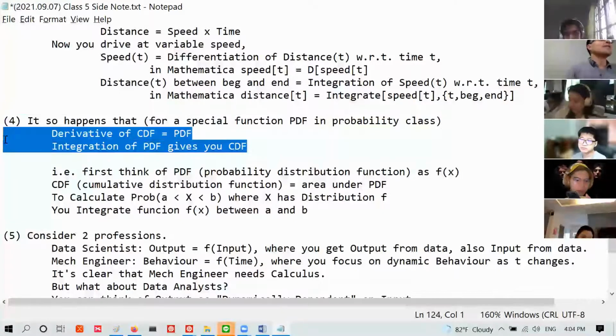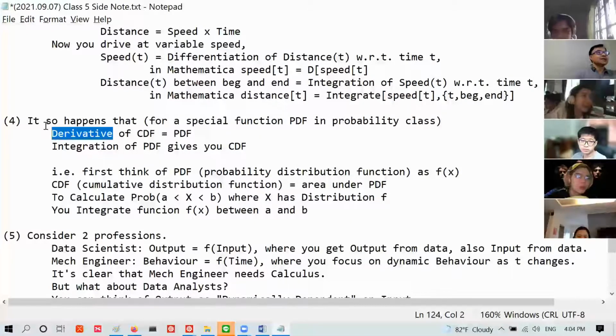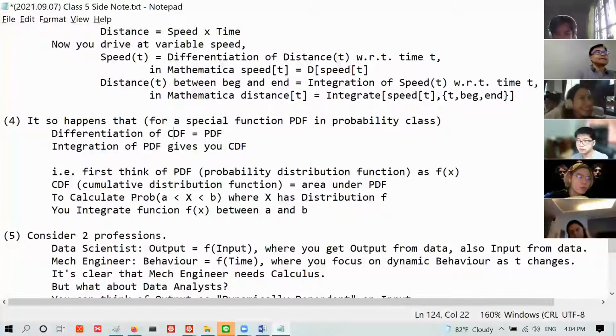Okay, so maybe in Excel or something, you can look up the PDF or CDF without knowing that one is the derivative and one is the integration. Derivative, by the way, the act of taking derivatives is called differentiation. Okay, maybe I should put something like this.